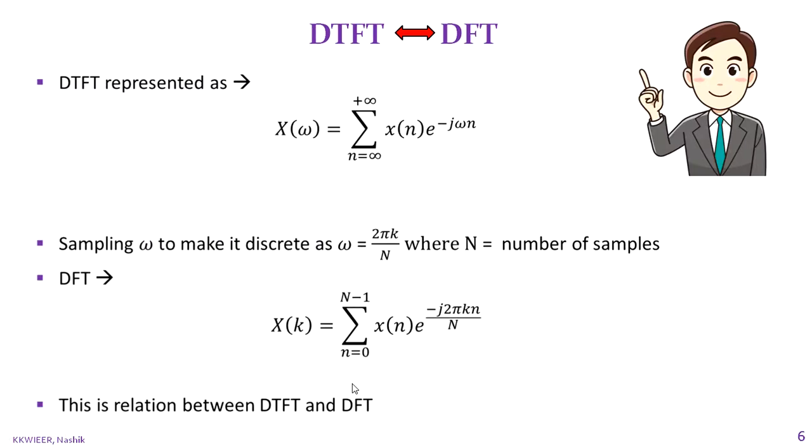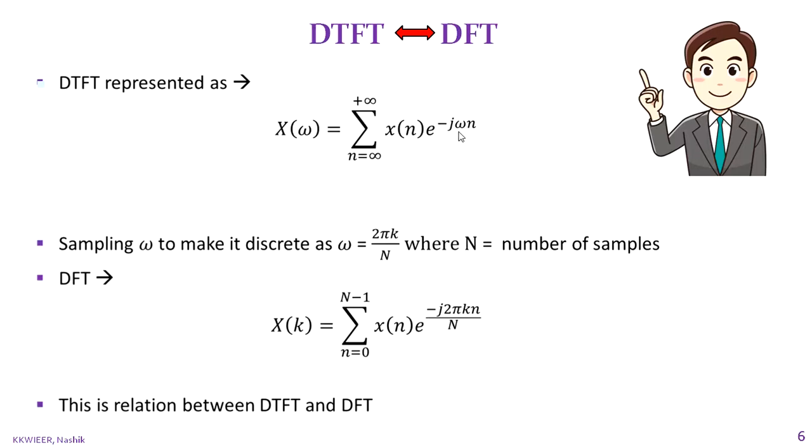So we have seen how the DTFT can be represented. The first expression is nothing but the DTFT. Just now we have seen, the DTFT can be represented as X of omega, summation n is equal to minus infinity to infinity x of n e to the power minus j omega n.